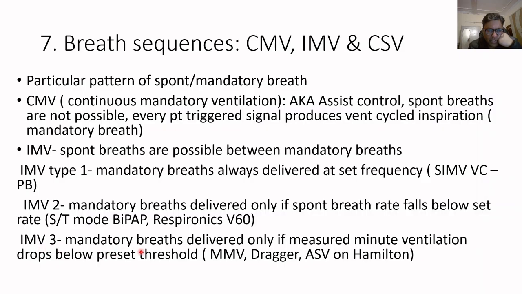And IMV3 is where mandatory breaths are delivered only if the measured minute ventilation drops below a preset threshold. This is limited to particular modes, like mandatory minute ventilation on Drager or adaptive support ventilation on Hamilton.